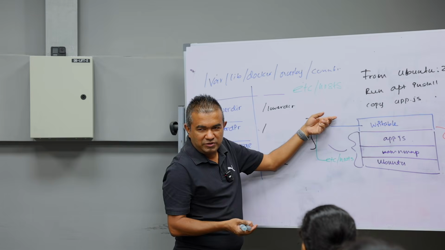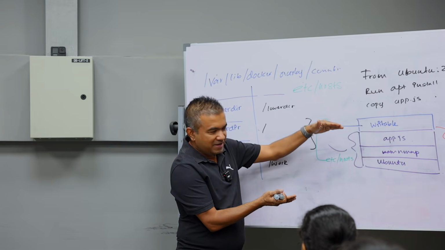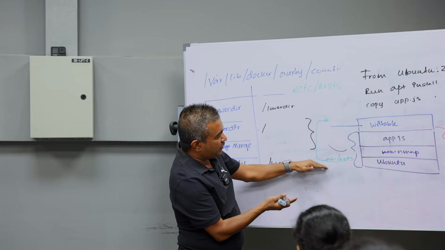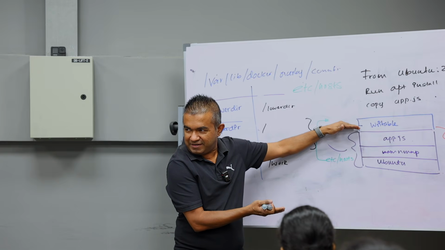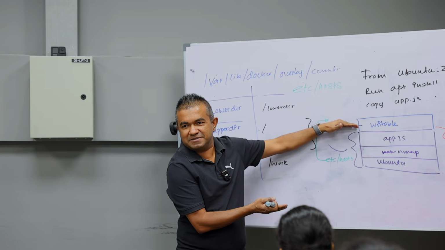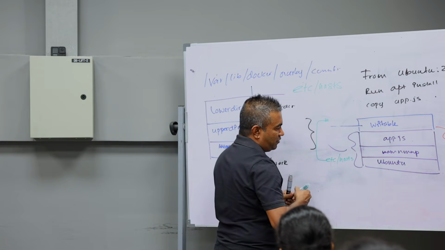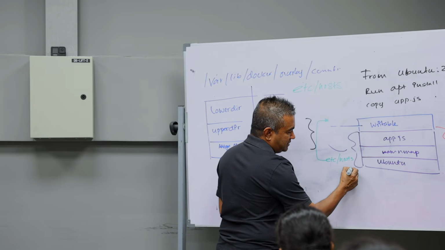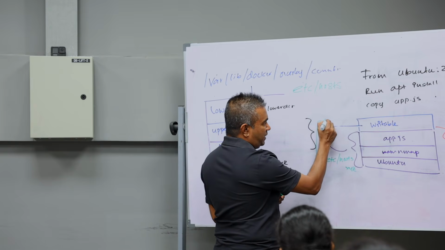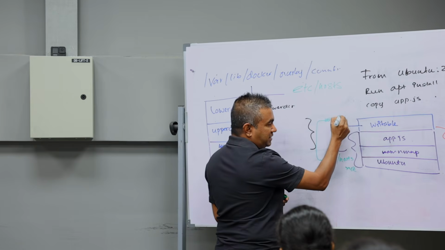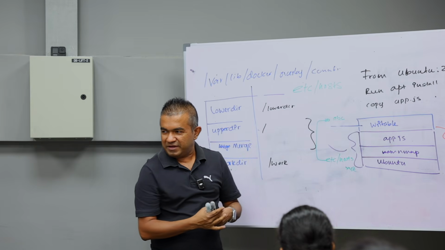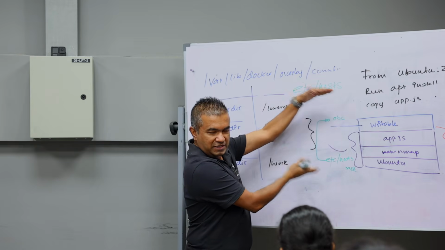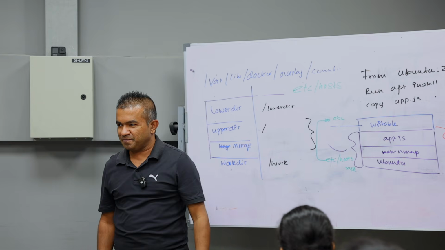Now how the union file system works is, since this file is overwritten in the write layer, it gets the precedence. Let's say the etc hosts file originally has the value XYZ, and you take a copy and modify the copy to ABC. Now if you look at the total file system, the etc hosts file value is ABC.